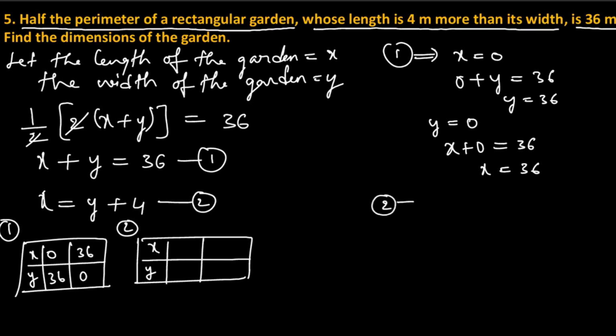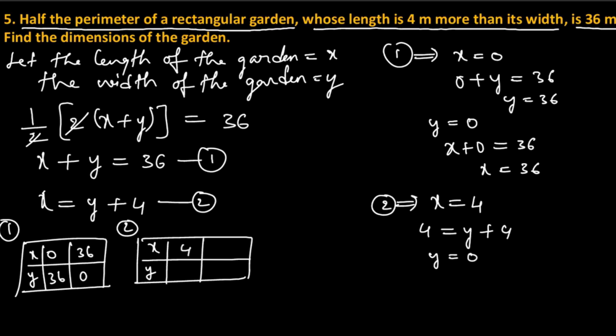From the second equation, anything you can take, because this 36 is very hard to draw on the graph because it is a very big number. So let us take any fourth multiple. First, I am taking 4 only. When x is equal to 4, what will be the y? Y plus 4, y is equal to 0.